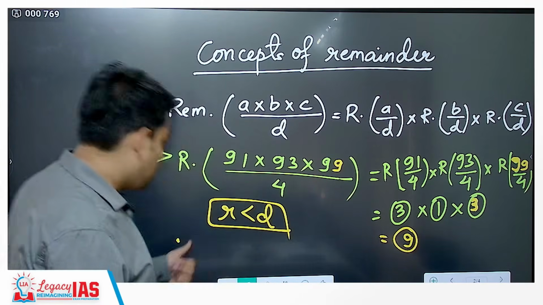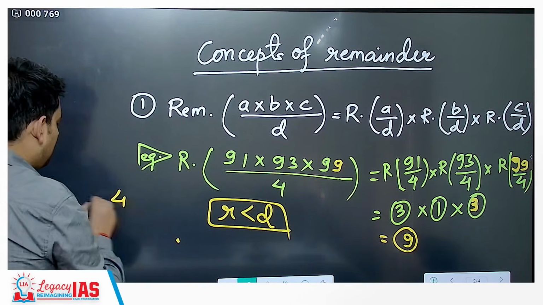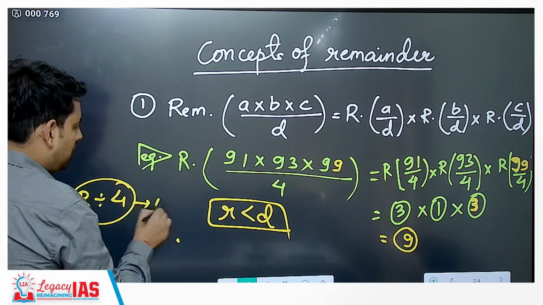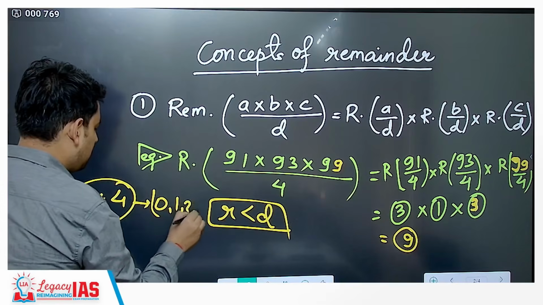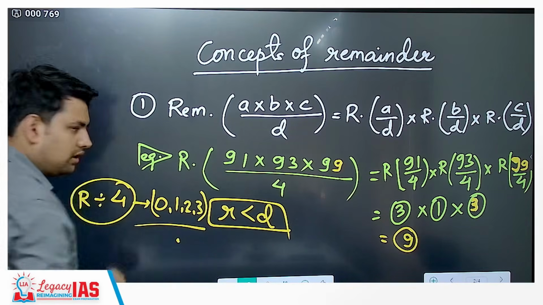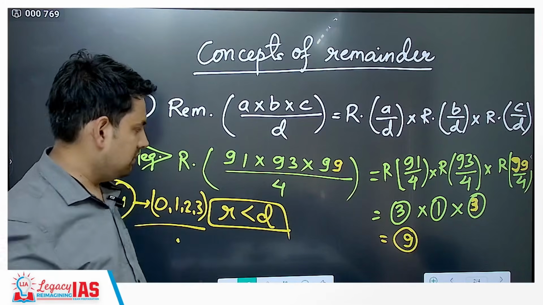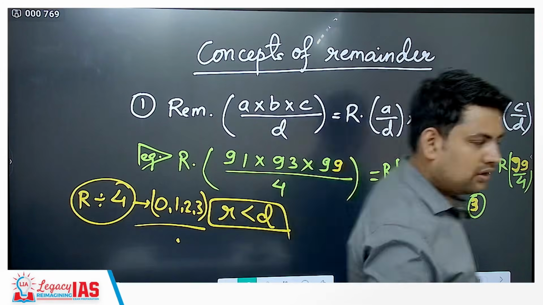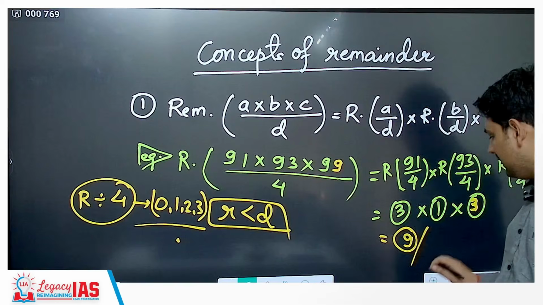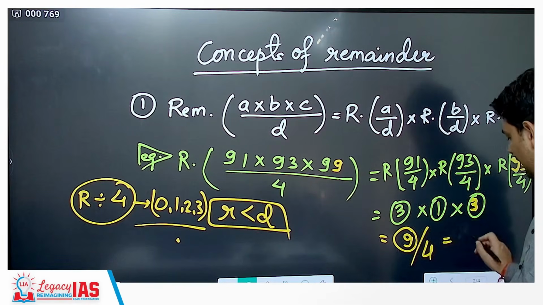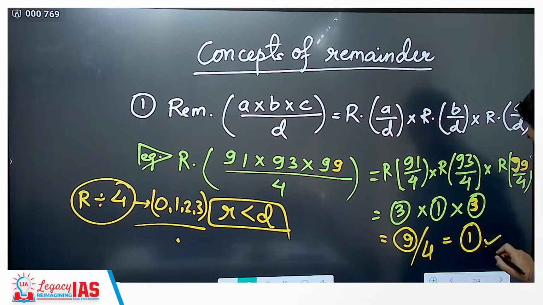So the remainder when something is divided by 4 can be only 0, 1, 2 or 3. Correct? It cannot be 4 or anything above 4. So once you get to this 9, you divide it by 4 again. 9 divided by 4 will again give you remainder 1. So this is our final answer.